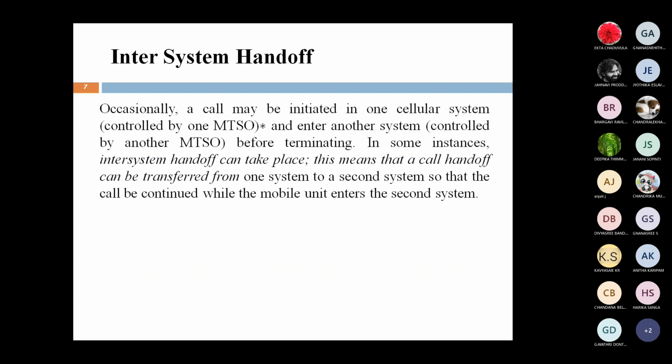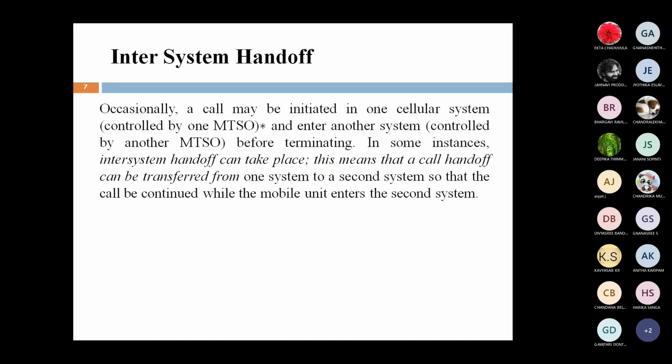Next is inter-system handoff. Till now, we have been discussing the mobile unit moving from one base station to another base station within a single MSC or MTSO. Now we are discussing the mobile unit moving between two systems, that is, from one MTSO to another MTSO. Suppose the mobile unit moves from one telecom circle to another telecom circle.